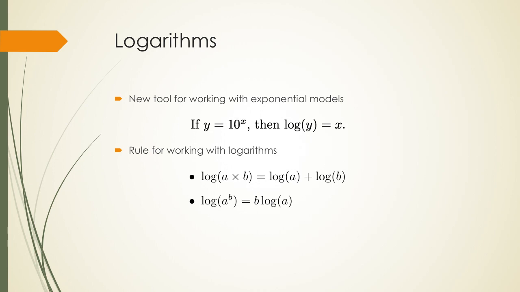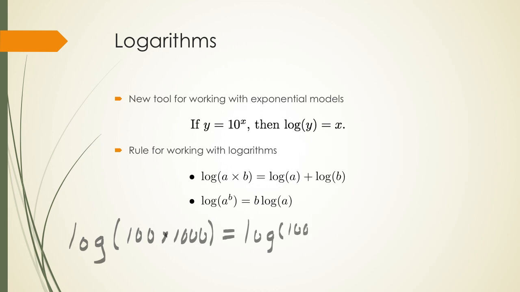For example, let's say we wanted to compute the log of 100 times 1000. Using the first rule, we can write this as the log of 100 plus the log of 1000.